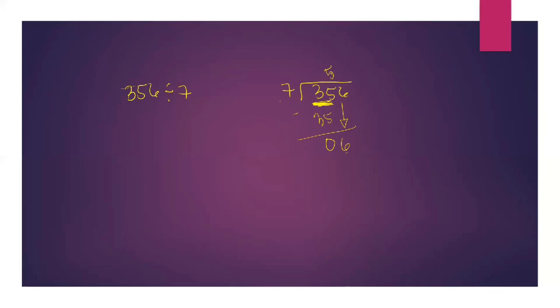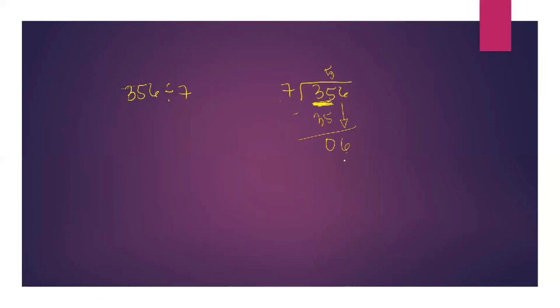So, paano natin ma-bring down yung next digit? Okay. So, we will look for another digit. Okay. So, since wala nang next digit, or wala nang katabi yung 6 natin, therefore, it is a remainder.